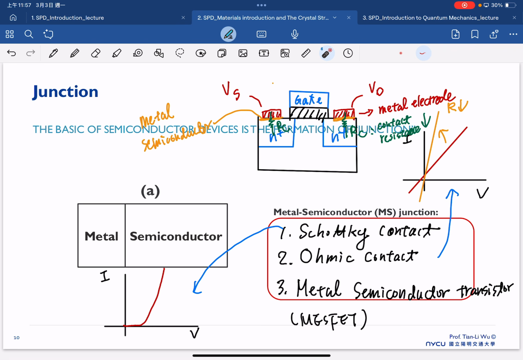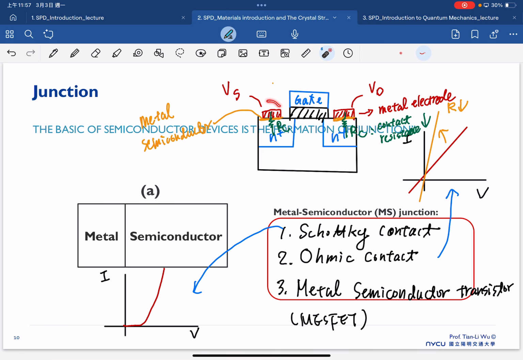And this is also a reminder that once we really move on to our MOSFET chapter, you will realize that understanding MOSFET is actually just a combination of lots of small pieces: what we learn from the MS junction, what we learn from the PN junction, what we learn from the MOS. So we have the PN junction here.